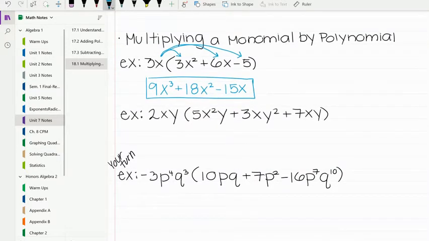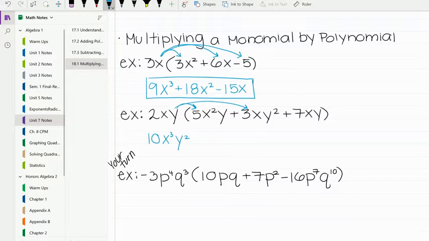So we're going to use distributive property again. So we will distribute the first one. So we have 2xy times 5x squared y. So we'll do the 2 times 5, which is 10. We have x times x squared, which would be x cubed, and y times y, which would be y squared. Then we'll do that times the next term.